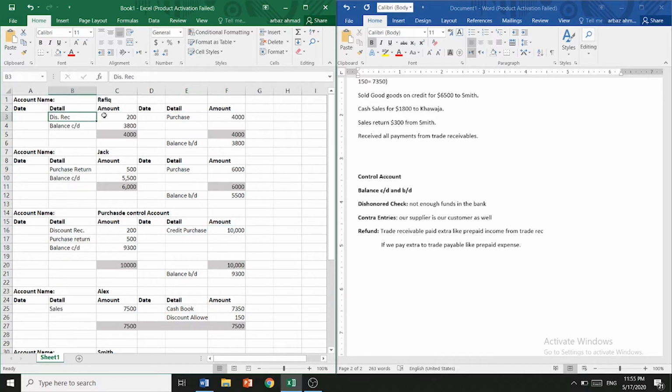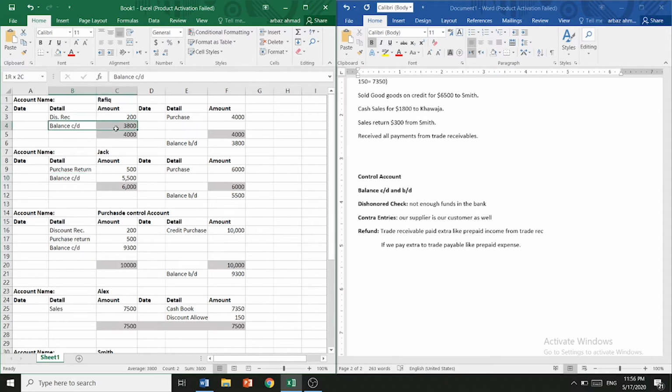And this is discount received. I don't have any discount received here, so I will have only the discount received which I have in one account, or maybe two accounts if a company has more accounts. In this case I have a purchase return, and in this account I don't have a purchase return, so I will just mention this purchase return, which will be 500, and I will add this balance carried down and brought down.